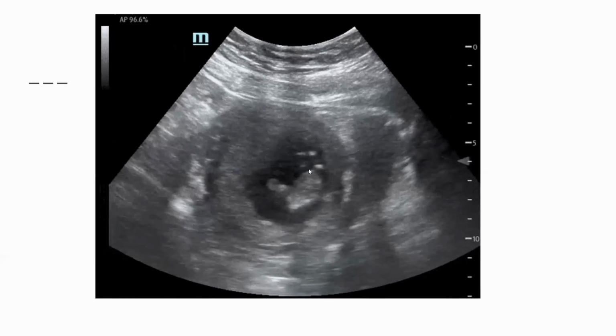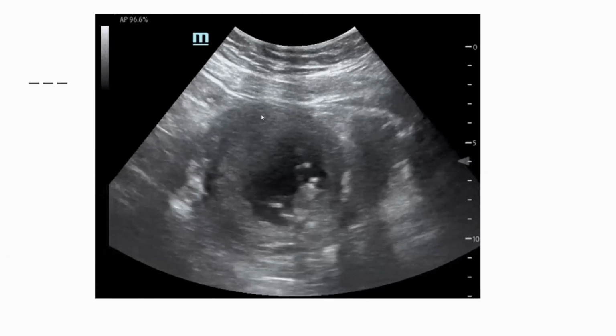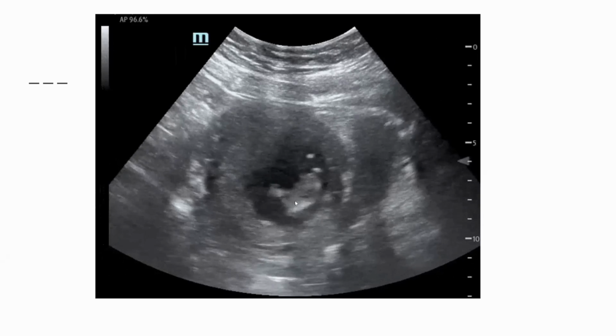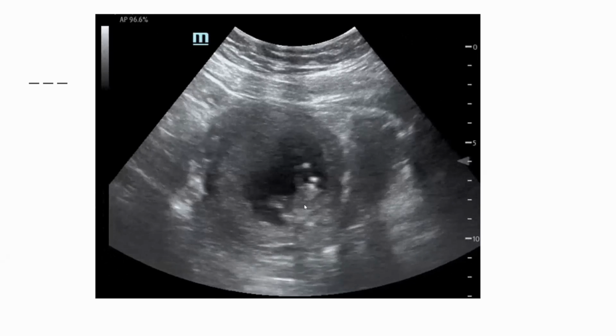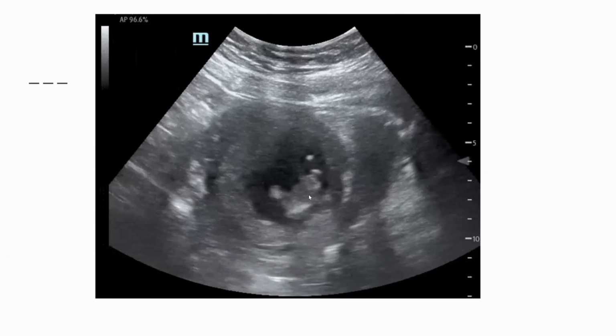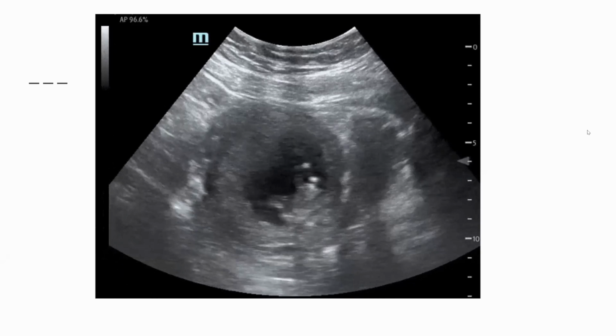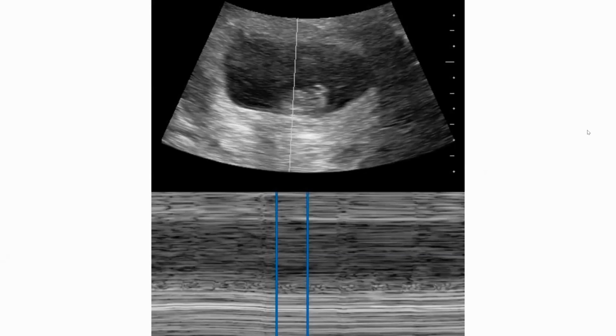To demonstrate that, here's a fetus, and if you take a look, there is this small beating heart here. What you do is place your cursor right over where you think the heart is, and you should be able to see a repeating pattern at about the same depth as the fetal heart.